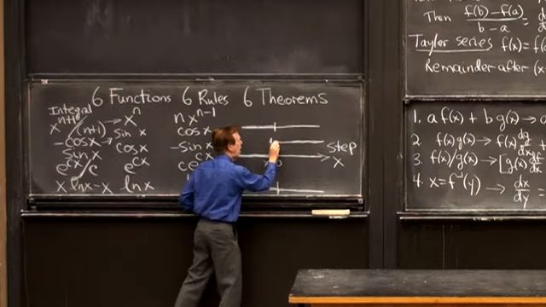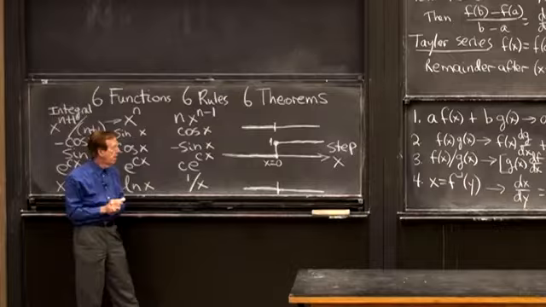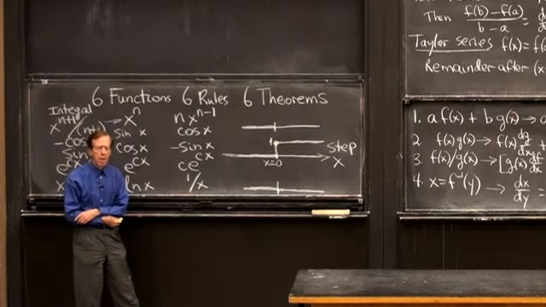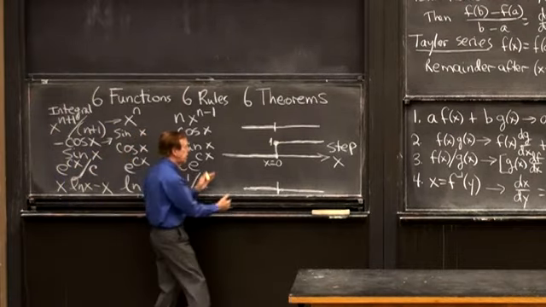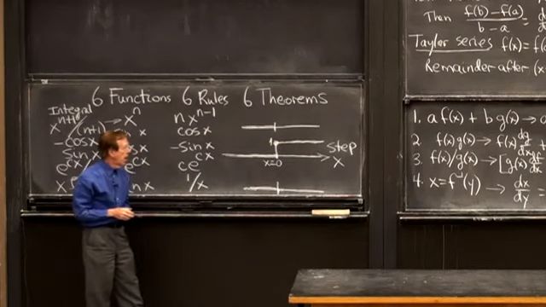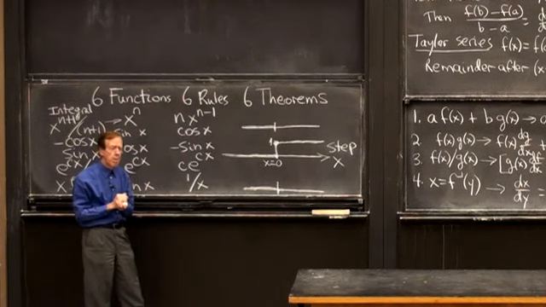And let's say it's 1 at that point, so it takes that jump. Okay, that's a function that's actually quite important. It's sort of like a two-part function. It's got a part to the left and a part to the right. And they don't meet. It's a non-continuous function.